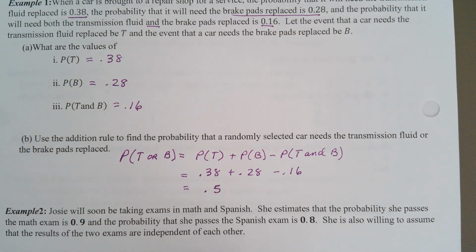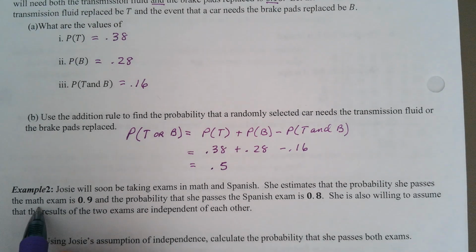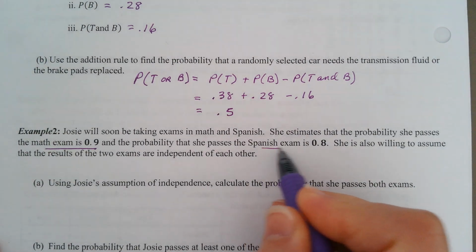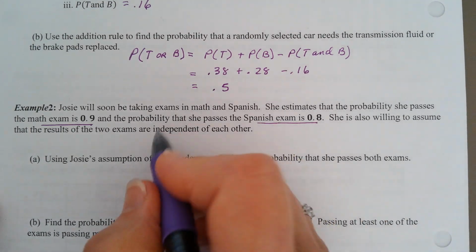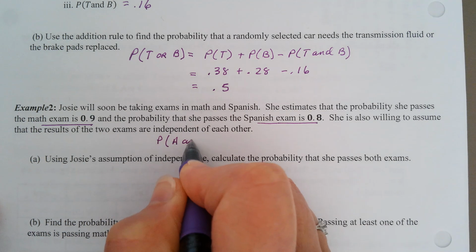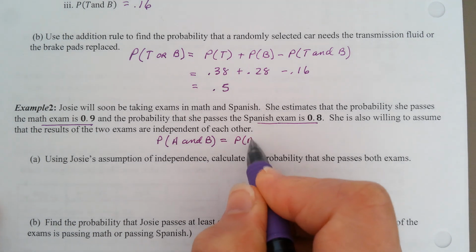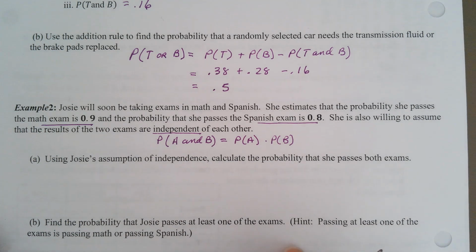Example 2. Josie will soon be taking exams in math and Spanish. She estimates that the probability she passes the math exam is 0.9 and the probability she passes the Spanish exam is 0.8. She is also willing to assume that the results of the two exams are independent of each other. The probability of A and B, when they're independent, would equal the probability of A times the probability of B. Using Josie's assumption of independence, calculate the probability that she passes both exams.